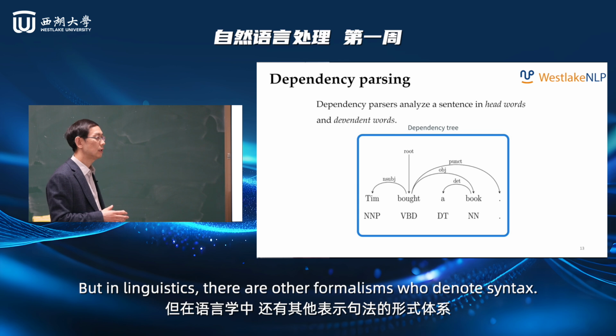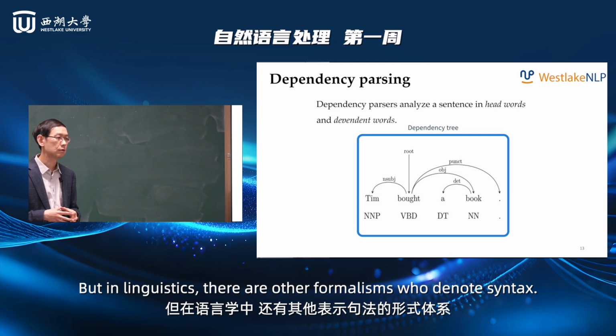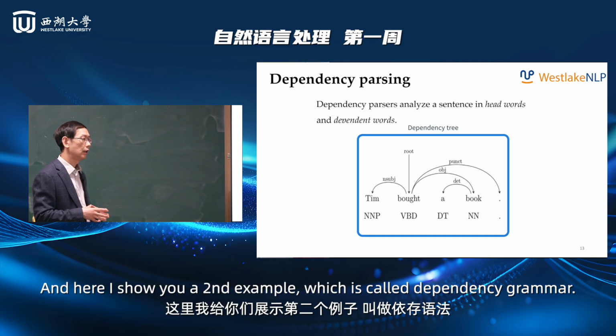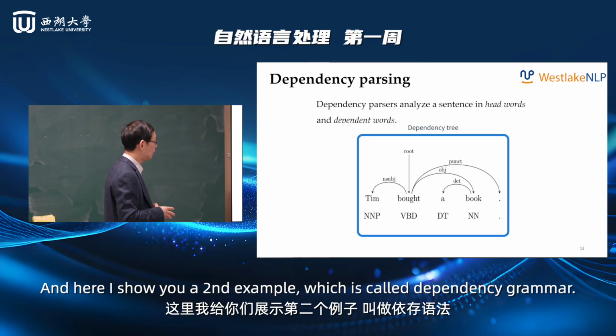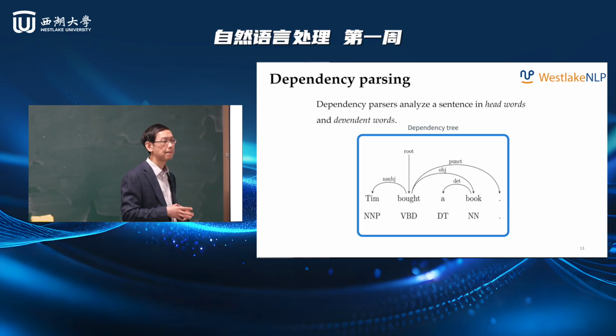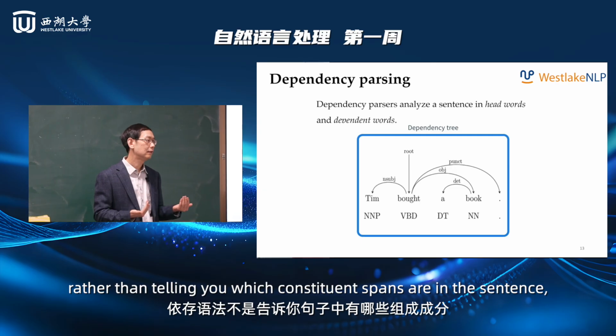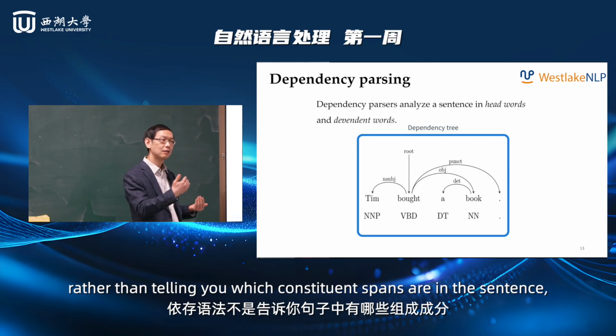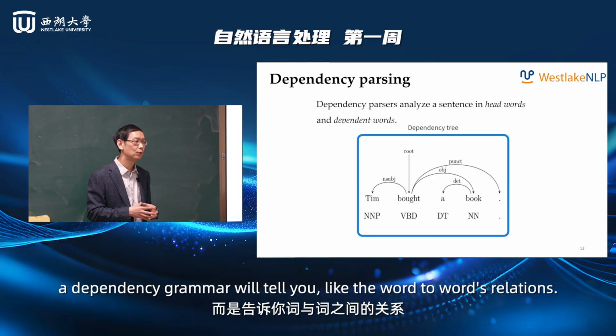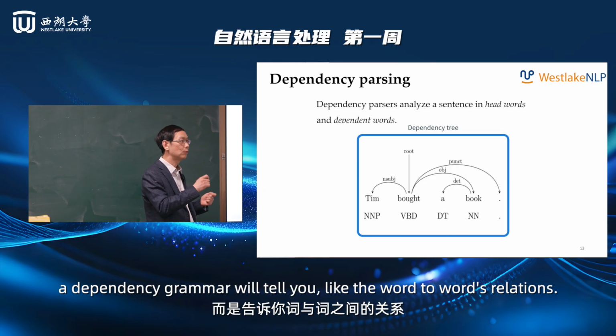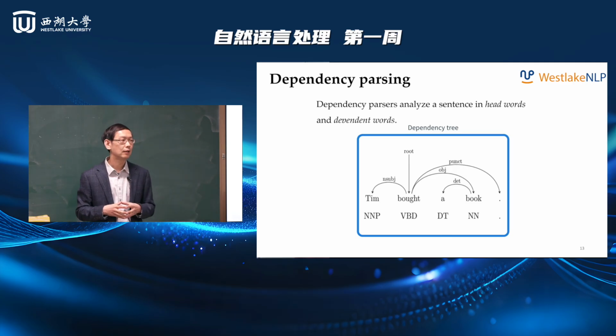But in linguistics, there are other formalisms to denote syntax. And here I show you a second example, which is called a dependency grammar. So rather than telling you which constituent spans are in the sentence, a dependency grammar will tell you the word-to-word relations, okay?